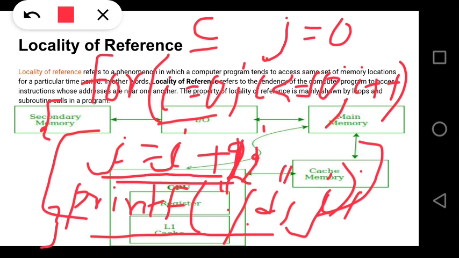If you keep these instructions in a special memory, then it is very useful. We know that the body of the loop, these two statements, has to be executed 11 times.